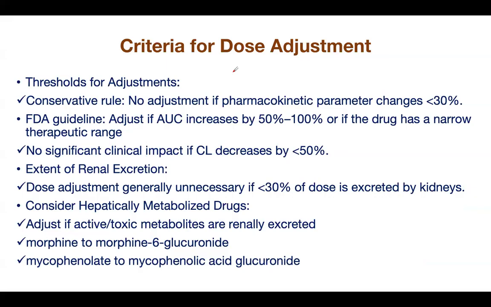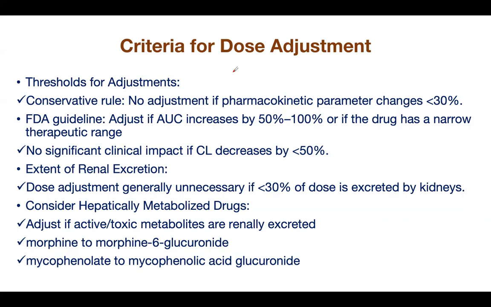The general dictum is if the clearance decreases less than 50% for a particular drug, then that drug is not much affected with deteriorating kidney function. So dose adjustment is generally unnecessary if less than 30% of the dose is excreted by the kidney.